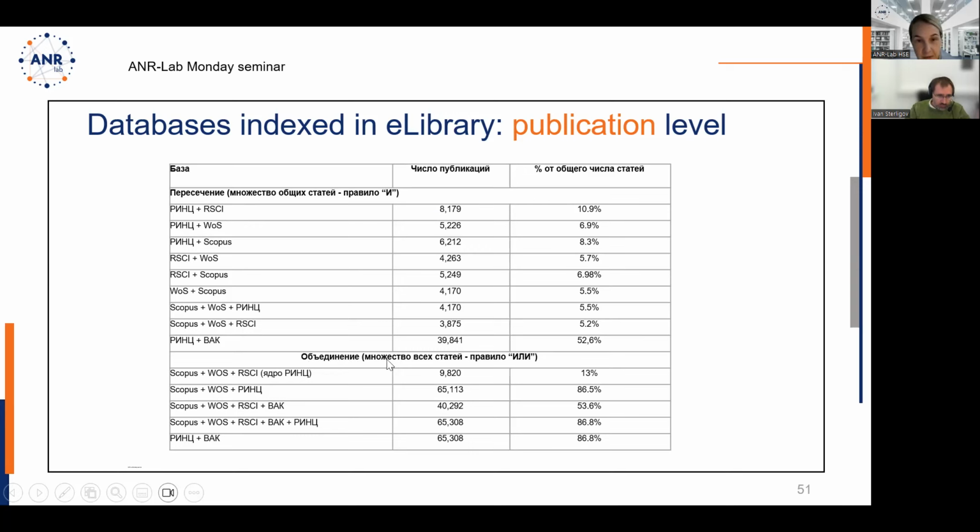Here we would have the union. So if the publication is included in Scopus or WOS or Russian Science Citation Index, this would be, for example, the core of this Russian Index of Science Citation.